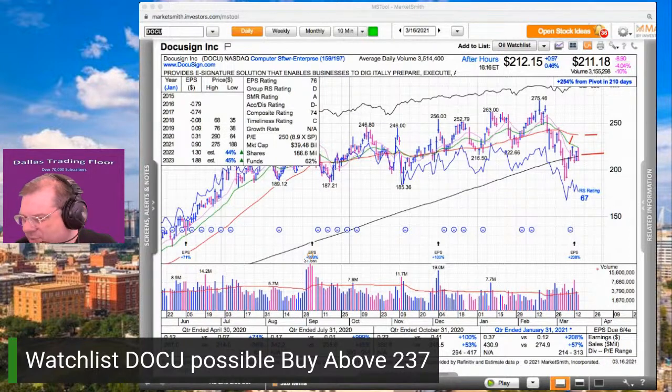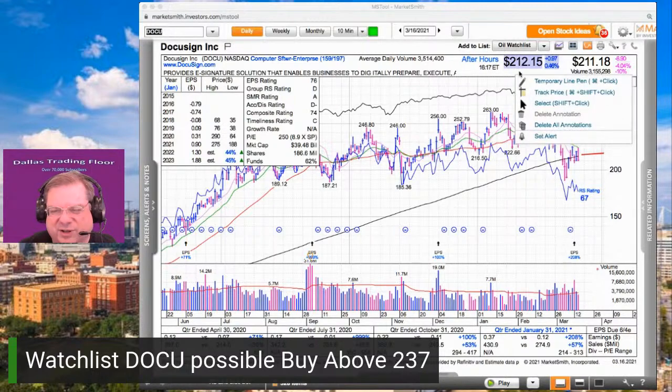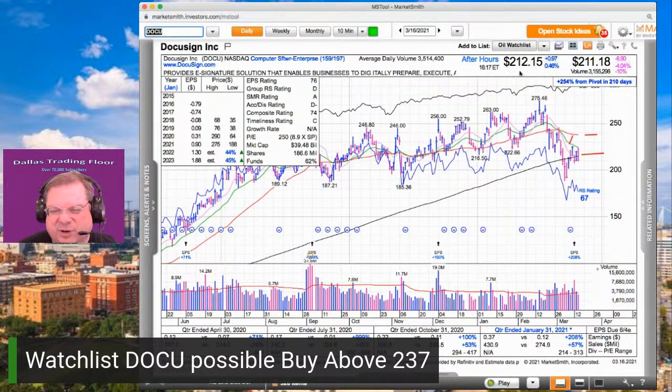So basically with DocuSign, I think this is a watch list. It's still too weak. It's still pulled back too far. I really want to see it trade above the 40-day line, because if it doesn't, it could show some weakness. Basically, we're in the beginnings of a reversal on this, but we're not there yet.